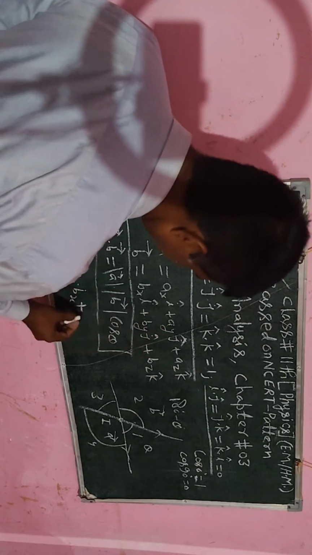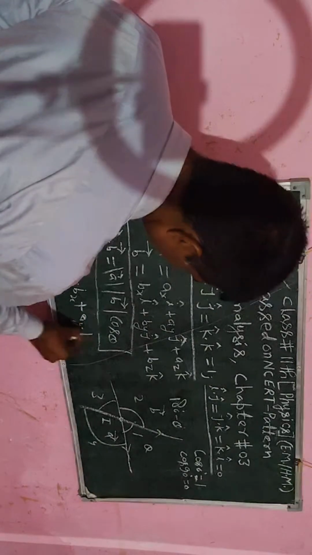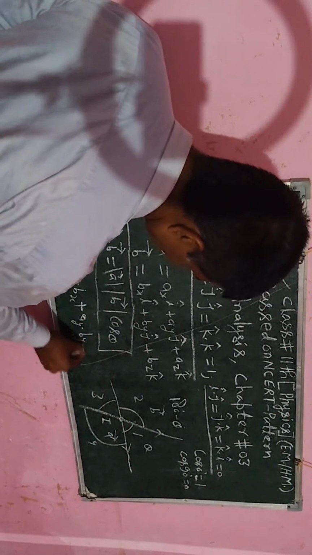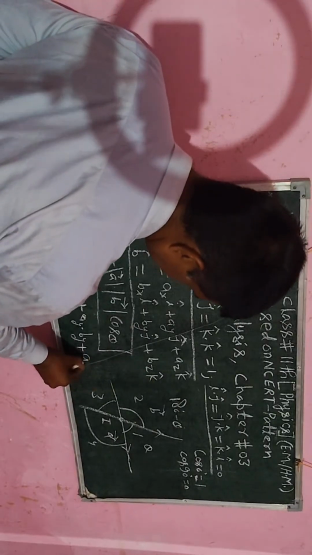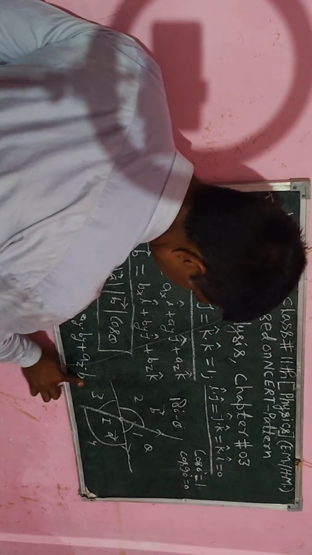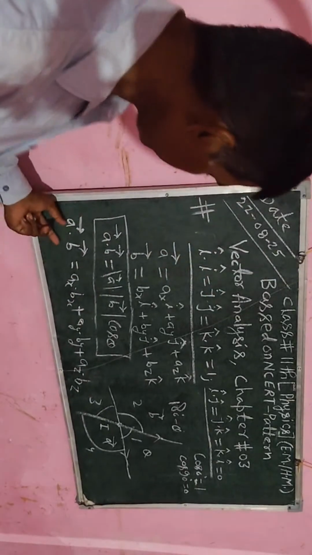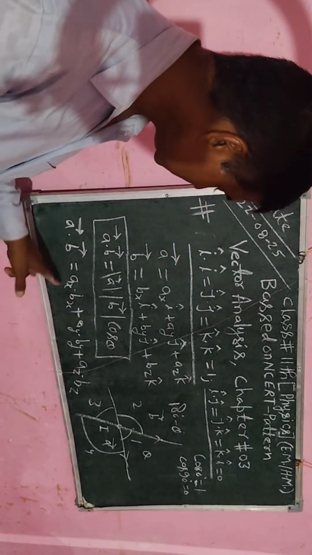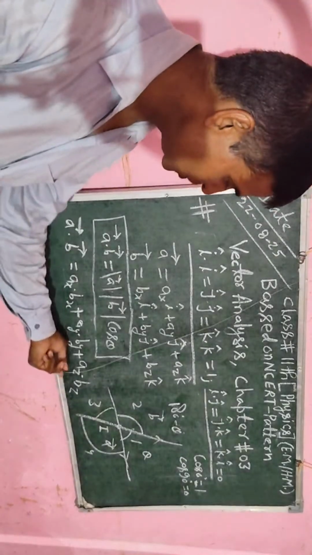So here I will write ay into by, plus here I have to write az into bz. So here the value of vector a dot vector b is equal to the multiplication of ax into bx plus ay into by plus az into bz.